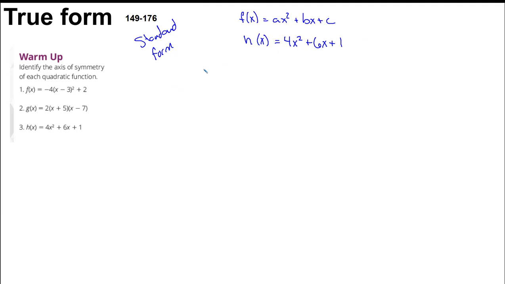And so this c always tells you your y-intercept. The a tells you the same things we found last time. It's going to tell you the concavity, if it opens up or down, and it's going to tell you the stretch compression.